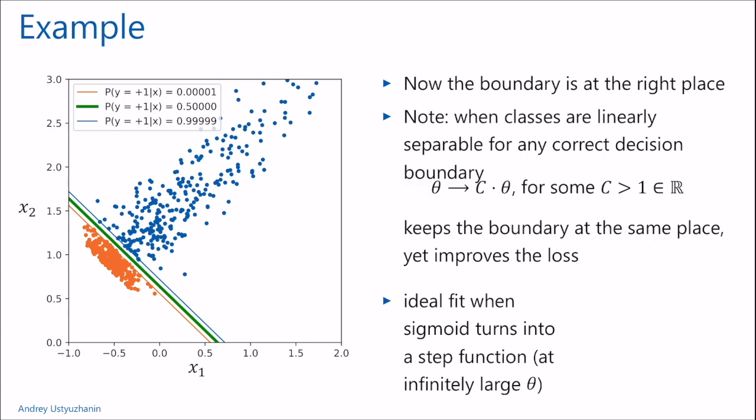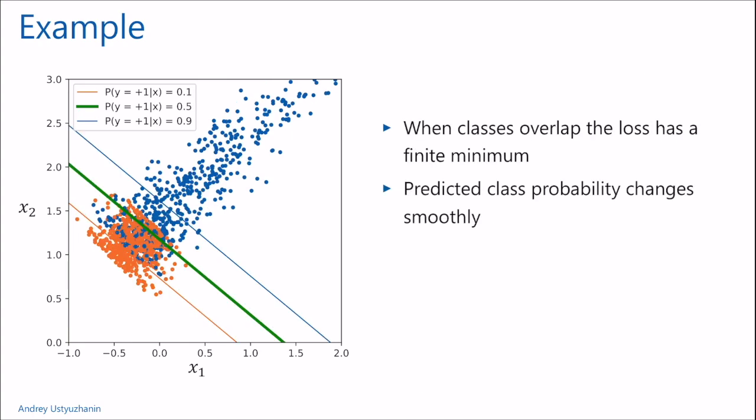An ideal fit will happen when the sigmoid function turns into a step function with an infinitely large theta matrix. When your classes do overlap, the loss has some finite minimum, and predicted class probabilities change smoothly as you go from one boundary to another. The values, as you see in the plot, are a little bit smoother.